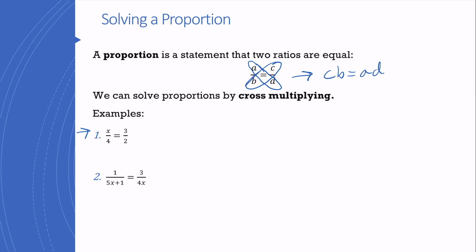because the fractions themselves were equivalent, and you're taking one numerator times one denominator, and then the other numerator times the other denominator. So for our first example, if I have x over 4 equals 3/2, I'm going to take x times 2, so 2x, and 3 times 4, which is 12.